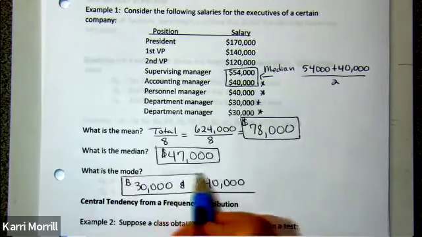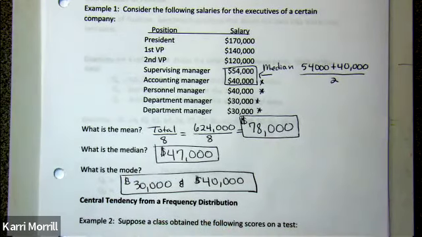So when we apply it, it helps us understand the purpose of central tendency. Say you're this company and you're trying to hire. The different measures of central tendency target what you want people to know about your company when we're talking about salary.